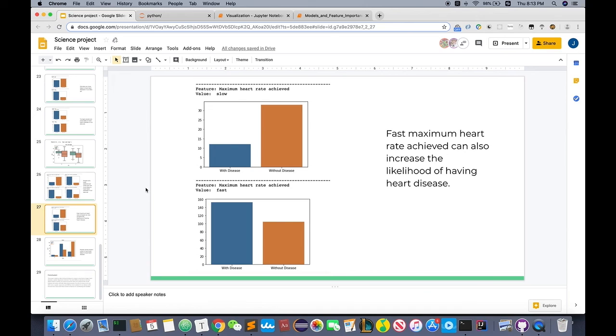Then let's take a look at the feature called the maximum heart rate achieved. We can see that if a person has a fast maximum heart rate, then he or she is more likely to have heart diseases.